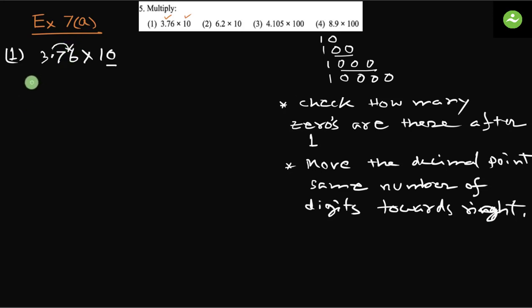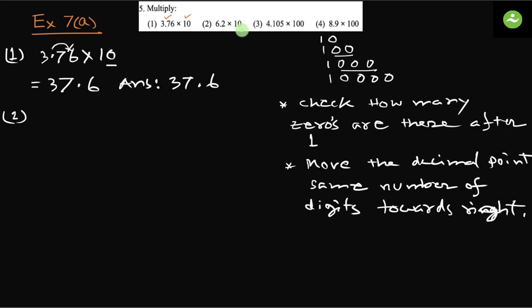So the result is 37.6. So move the decimal point the same number of digits towards right. So we have moved the decimal point from here to here, and the result is 37.6. Let's write the answer. Answer is 37.6.